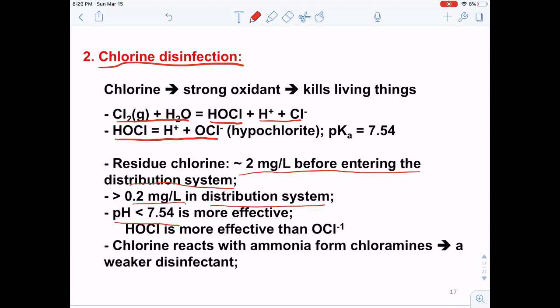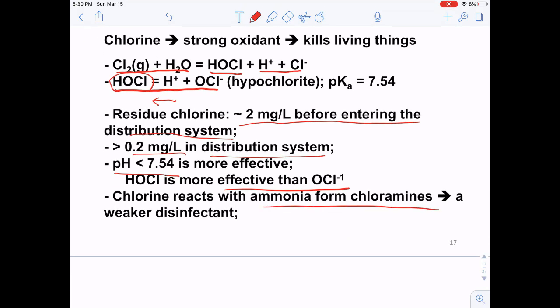The reason why we prefer the acidic water is that with more proton ions in the water, the equilibrium is going to go this way, right? Simply because there is a higher concentration on the right hand side. So the goal is to keep a relatively high concentration of the hypochlorous acid, simply because the hypochlorous acid is more effective compared to the hypochlorite.